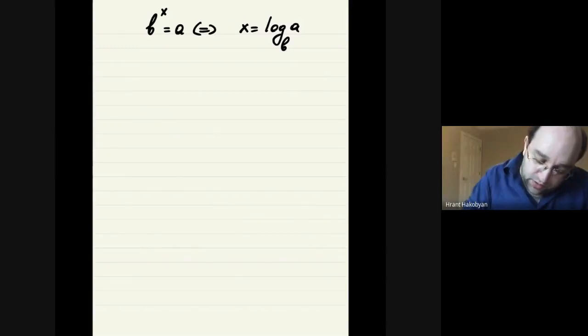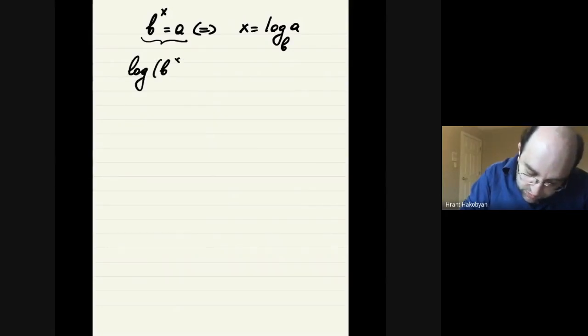In particular, the way you can think of this is to take the logarithm of both sides of this equation. So I will have the logarithm of b to the power x with base b, and that's the same thing as the logarithm of a with base b.